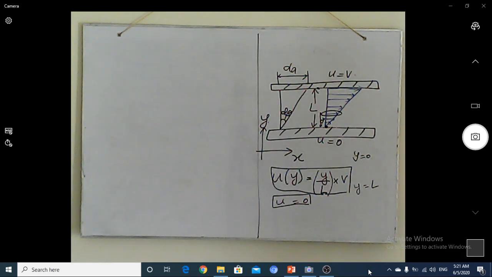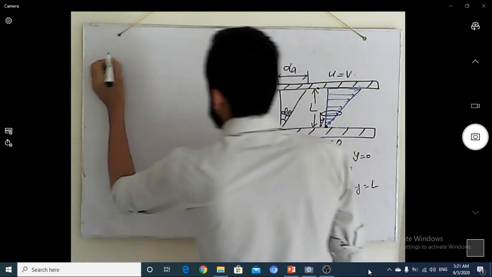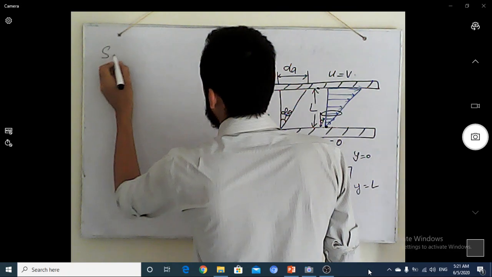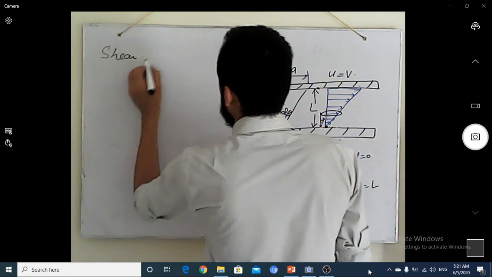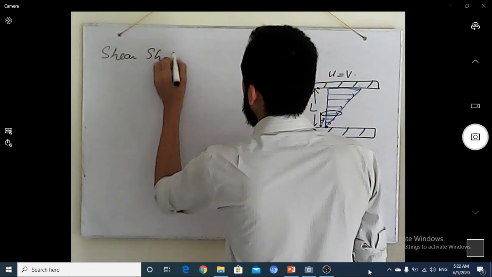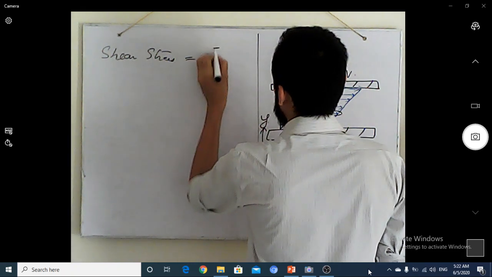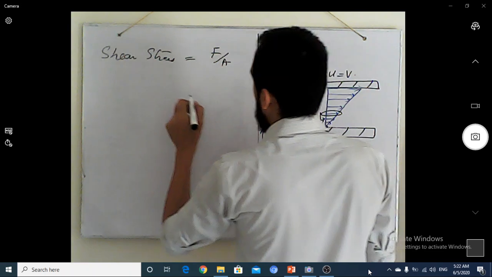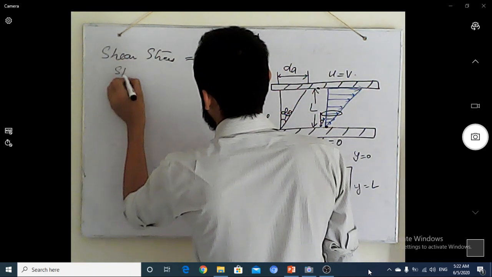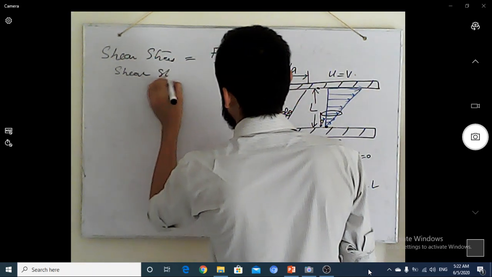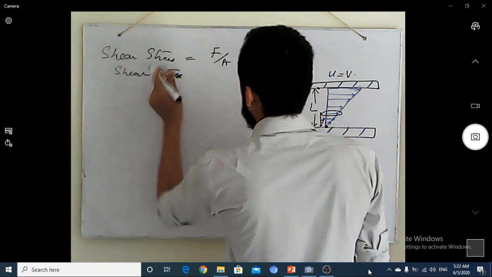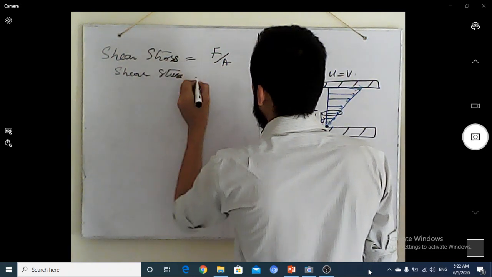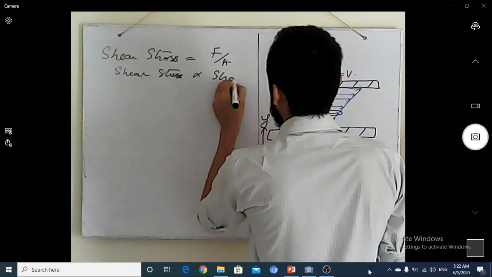Okay, so from here, let's start with the shear stress. What is shear stress? Shear stress is nothing but force per unit area, or on the other hand, we can say that shear stress is directly proportional to strain.